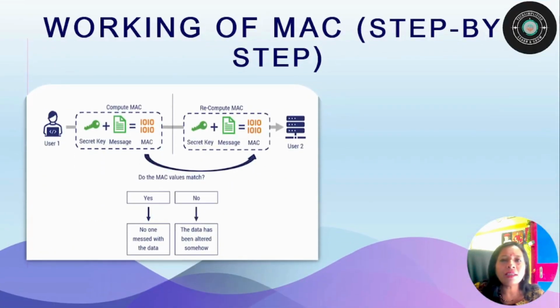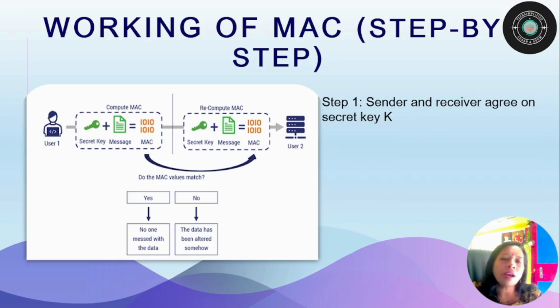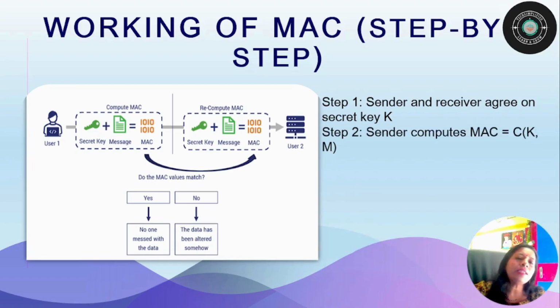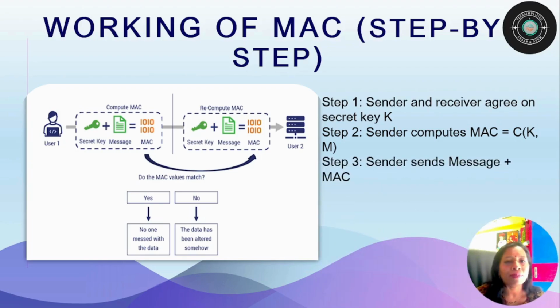Now let's discuss the working of MAC step by step. In step 1, the sender and receiver agree on the same secret key K. The sender then computes the MAC using the MAC function that uses the secret key K and message M. After generating the MAC, the sender sends the message plus MAC to the receiver.